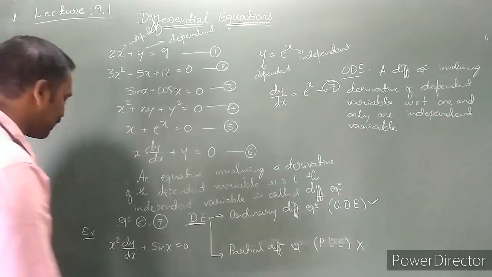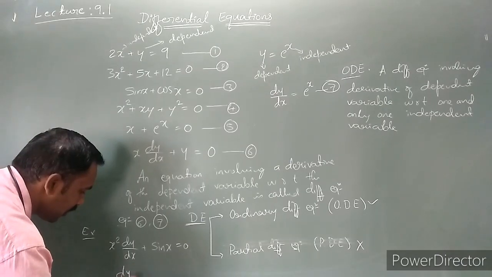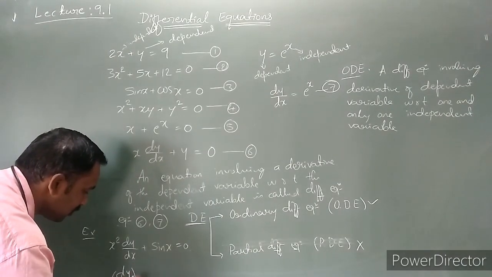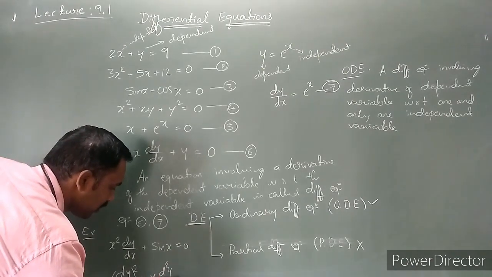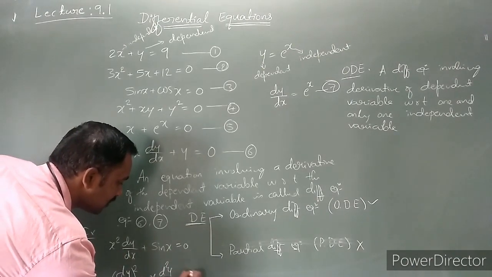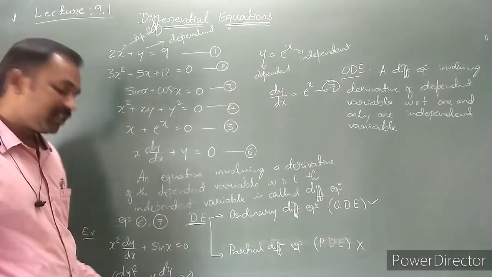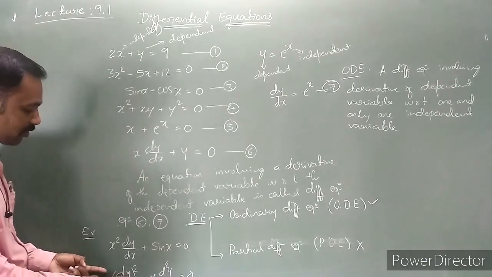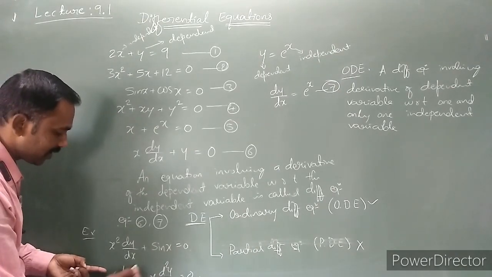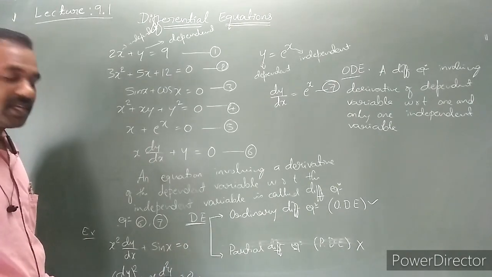Several equations we can write. Next: (dy by dx) whole square plus x into d square y by dx square is equal to 0. This is also a differential equation involving the derivative of the dependent variable y with respect to the one and only one independent variable x.